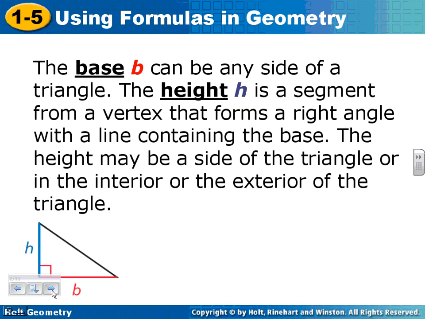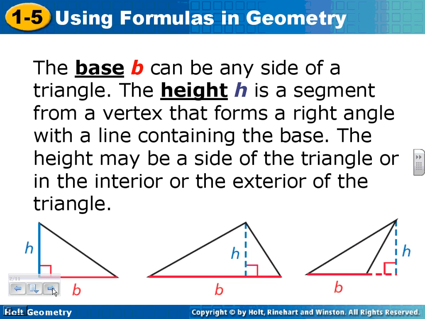And here's 3 examples. That one, the height is a side of the triangle. The middle one, the height is in the interior. The third one, that's what a triangle looks like when the height is in the exterior. So that would be like an obtuse triangle.